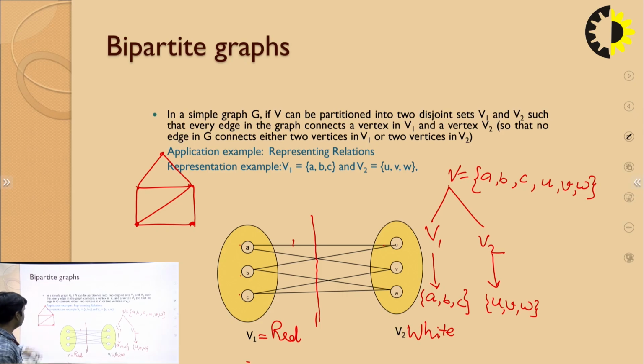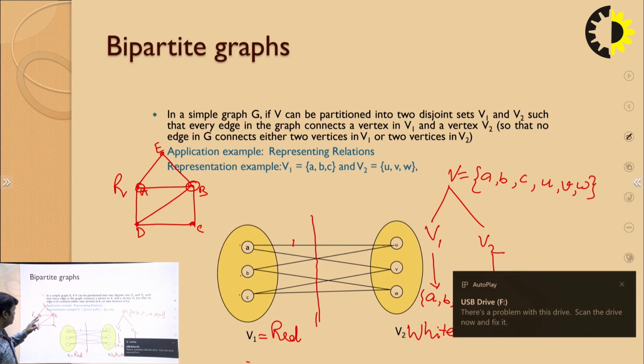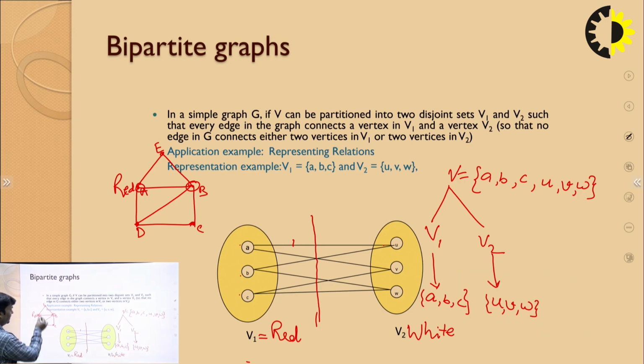Here in this example, with nodes A, B, C, D, E, if we assign red color to A, then we can't give the same color to its adjacent vertices, that is E and B. D can't be assigned the same color either.